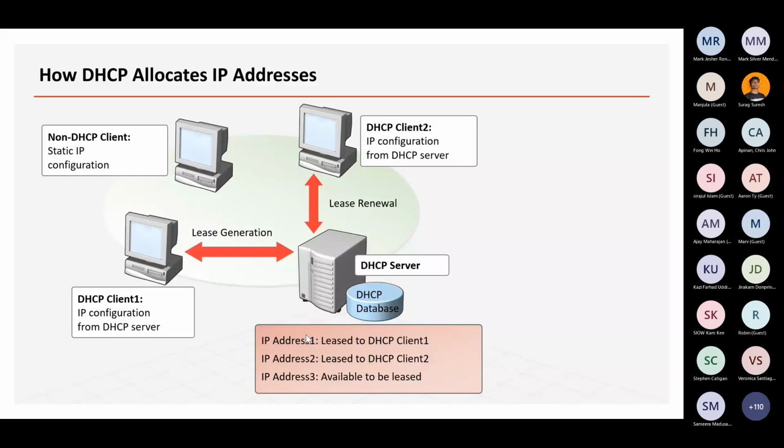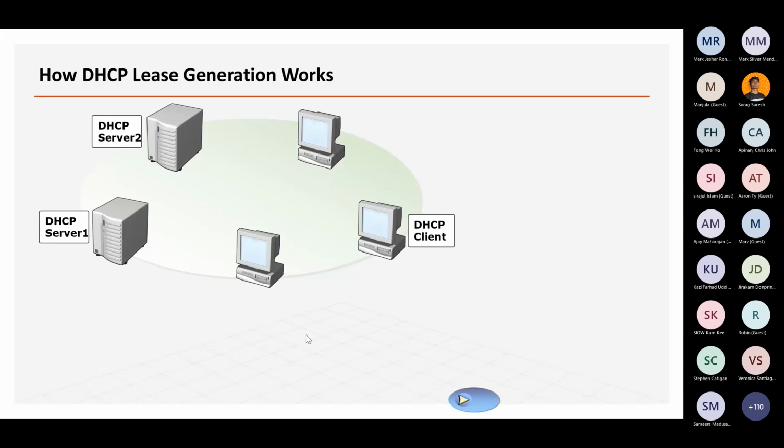Now I'm just giving a scenario here. Right now you may be able to see there are two DHCP servers hosted in my network, and a couple of clients also.